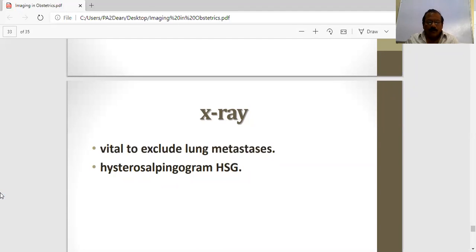Thus, we can locate the intrauterine contraceptive device with missing threads. So that is the advantage of X-ray in gynecology, and that is how we can diagnose tubal patency with hysterosalpingogram.